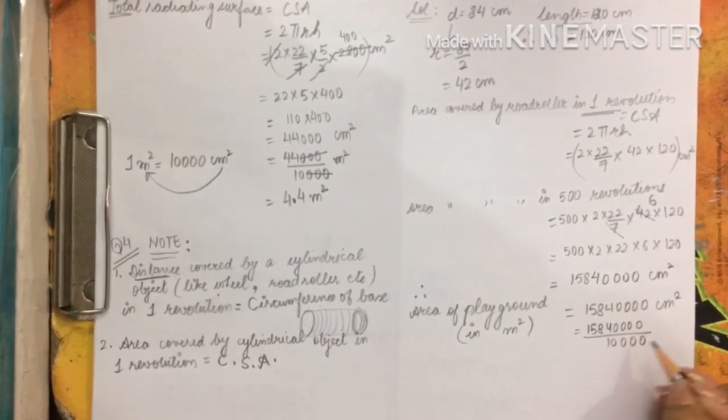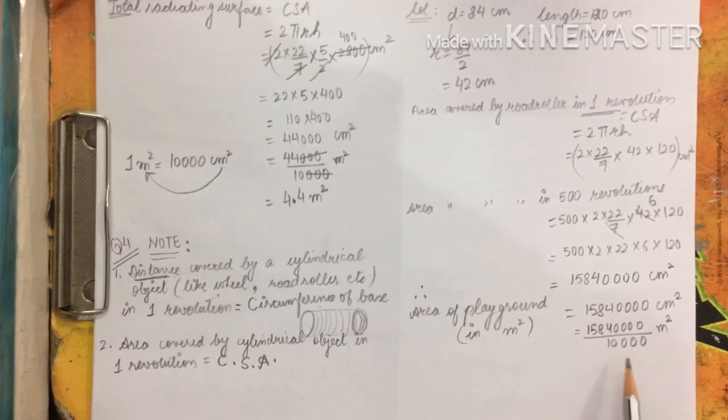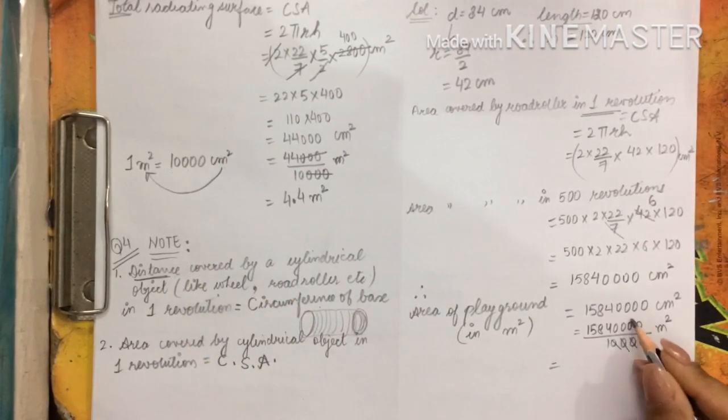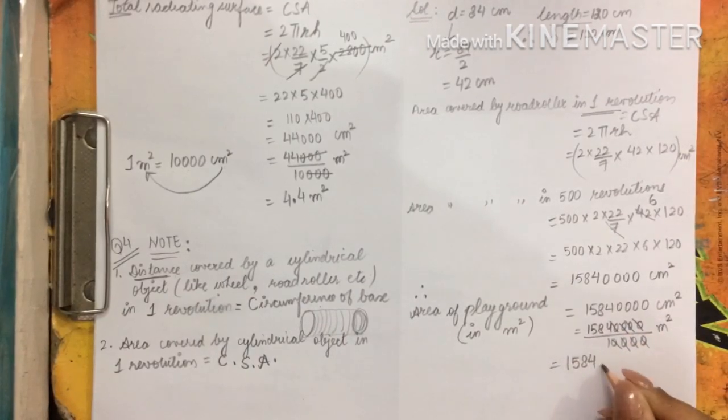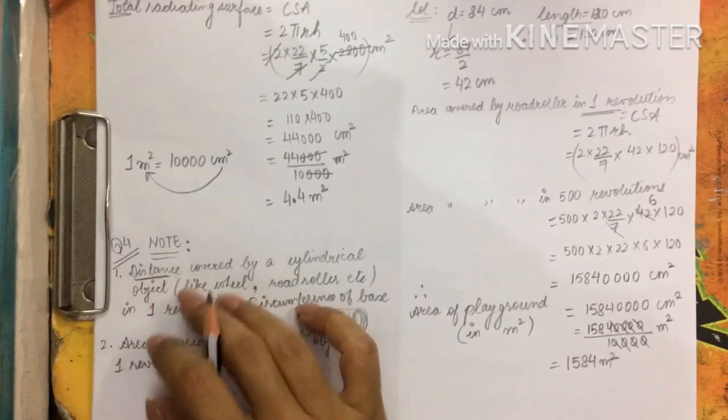I'll divide this answer by 10,000 and this will be in meter square. We did the same in the previous question also. So these 4 zeros get cancelled with these 4 zeros and I'm left with 1584 meter square. That's the answer for question number 8. Kindly note it down, that this is an important type of question.